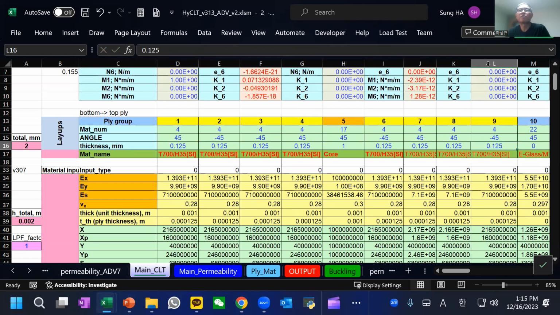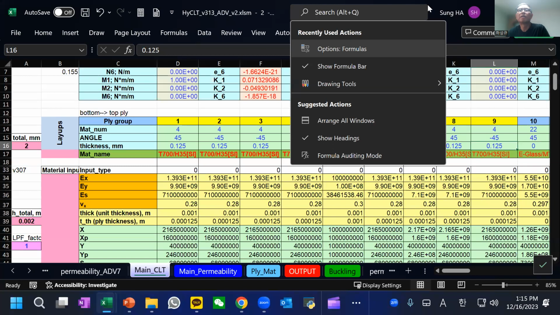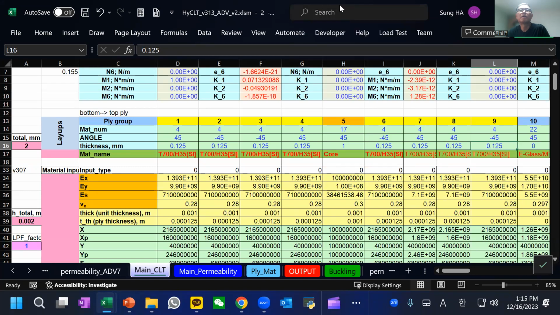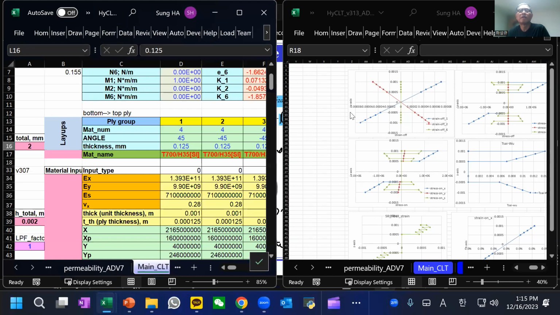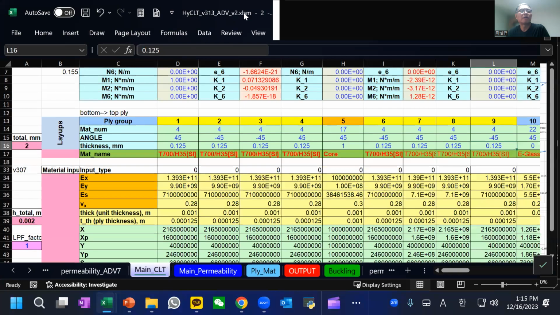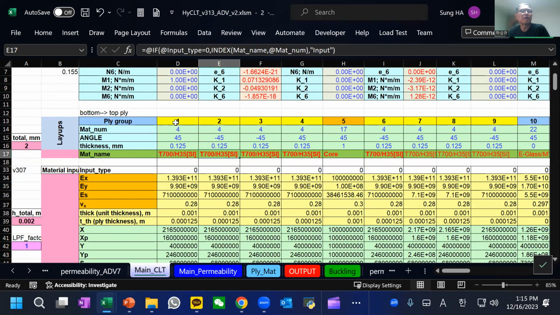And this one doesn't matter. Now, as you can see, all shear is 0. Okay, all shear is 0. Well, this one, I'm just going to copy this.